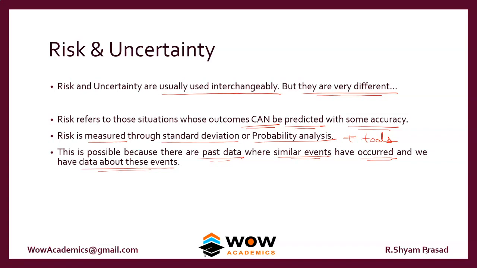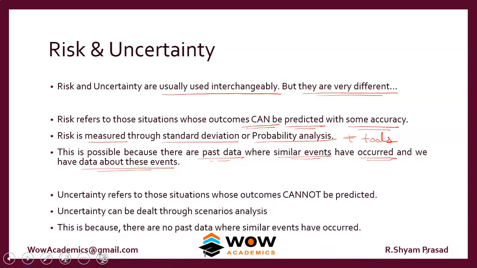So we can measure risk because we assume the same situations which have already occurred in the past are going to be repeated in the future. As it has occurred in the past, we have data about how the event has panned out. So we take those probabilities, those situations, and we try to forecast them. That is what we do in risk.